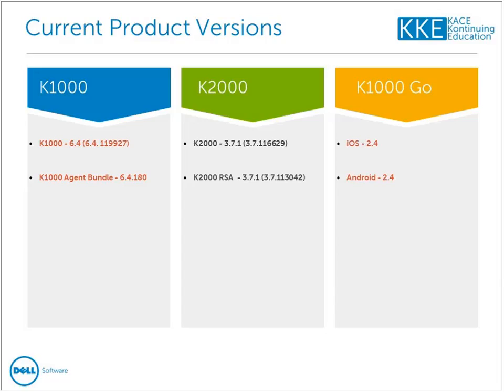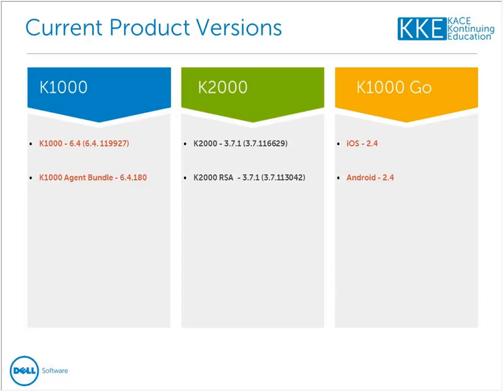Before we get to that point, I do want to point out the current versions of our products. If you see anything that we show here, it will be these specific versions. Over on the left-hand side, we've got our K1000, obviously the brand new version 6.4, and you can see the full release version there, as well as the Agent bundle version.